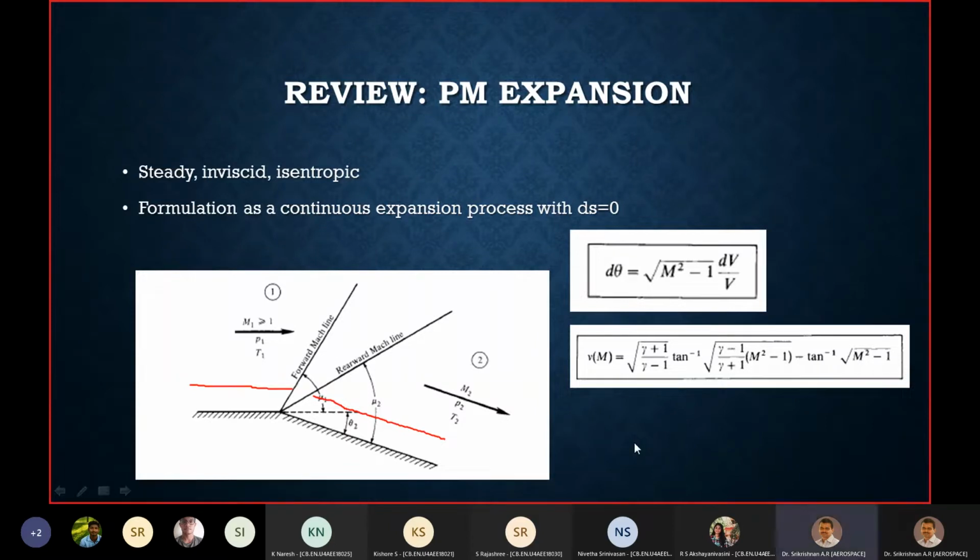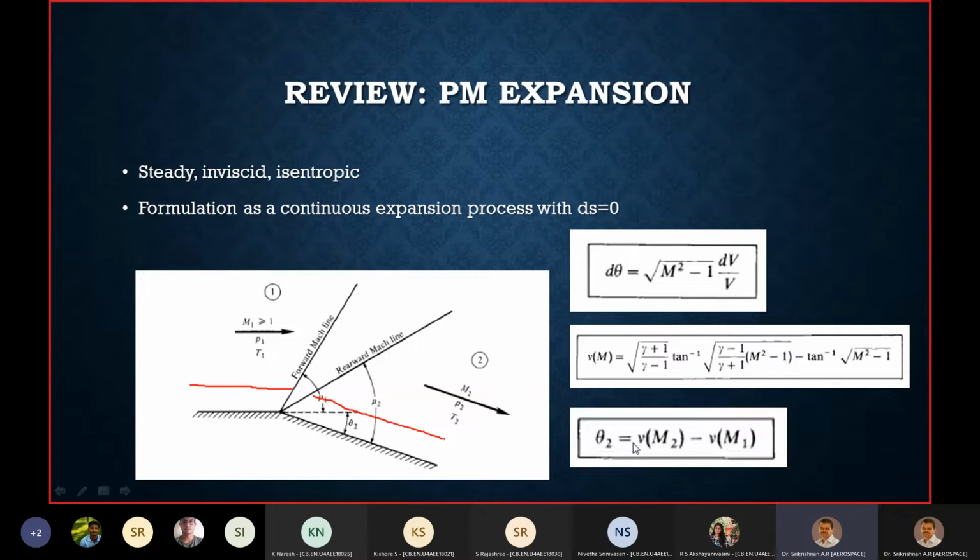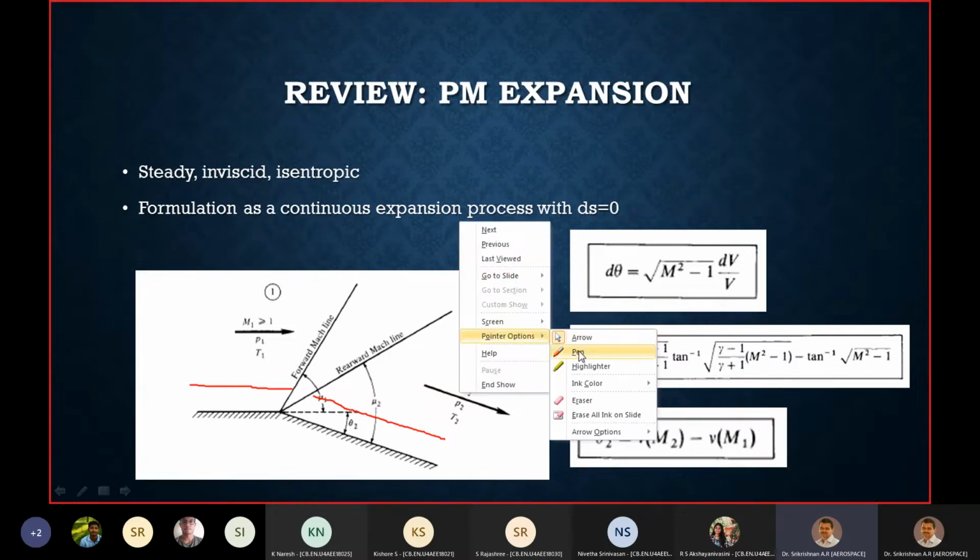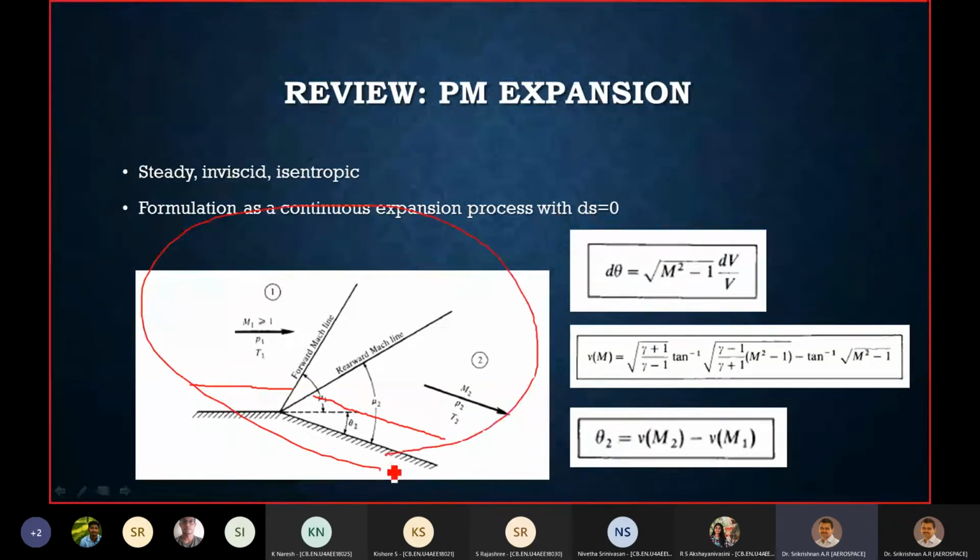the consequences of the expansion. That is, either to calculate what is going to be the downstream Mach number, or, for a given Mach number, what is going to be the theta. Based on the construction on the left side, theta 2, that is the new direction of the flow, can be related as the difference between the Prandtl-Meyer functions for the leading Mach number and the trailing Mach number, that is the upstream Mach number and the downstream Mach number.